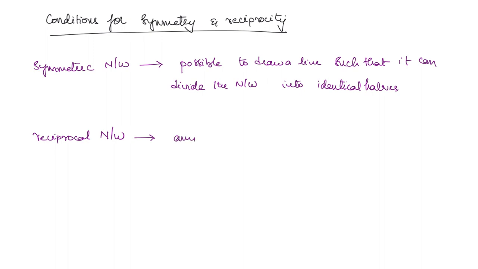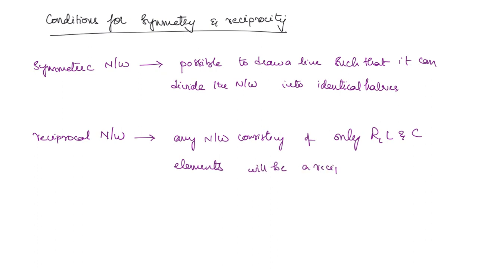Any network consisting of only R, L and C, resistance, inductor and capacitor. So these elements should only be present, and any network consisting of these elements will be a reciprocal network. This basically means that it should have only passive elements.